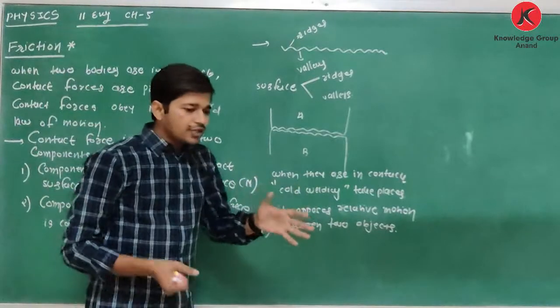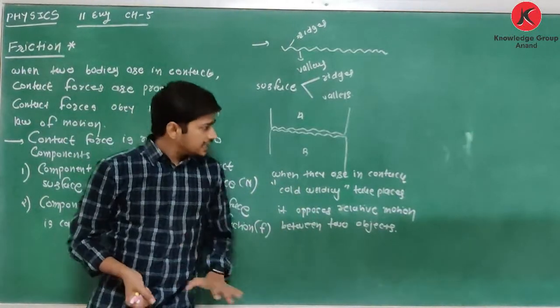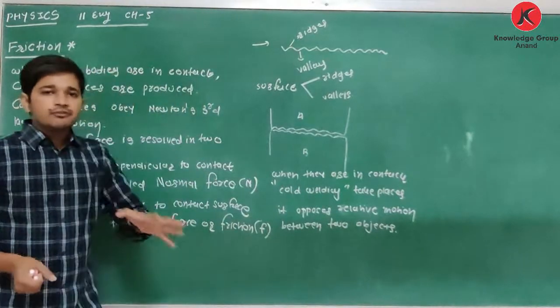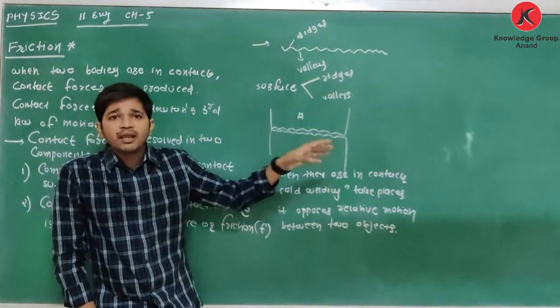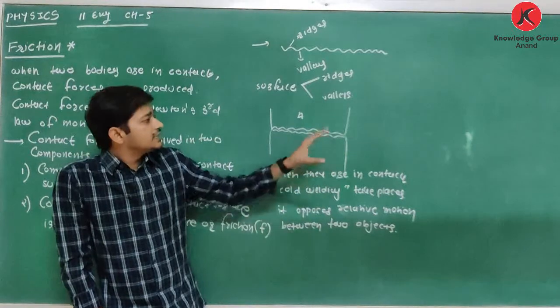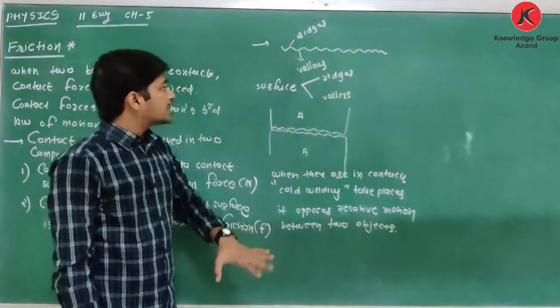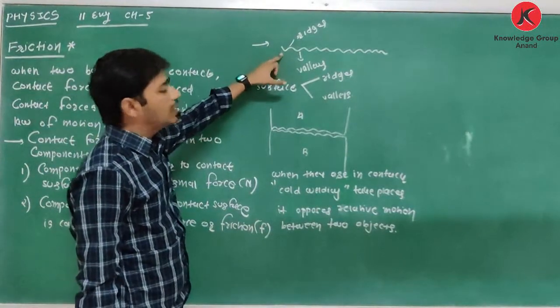If we see any object, I can see that this board is smooth, but it is not smooth. If you observe this board with the help of a microscope, that surface is rough. Rough means having ridges and valleys.